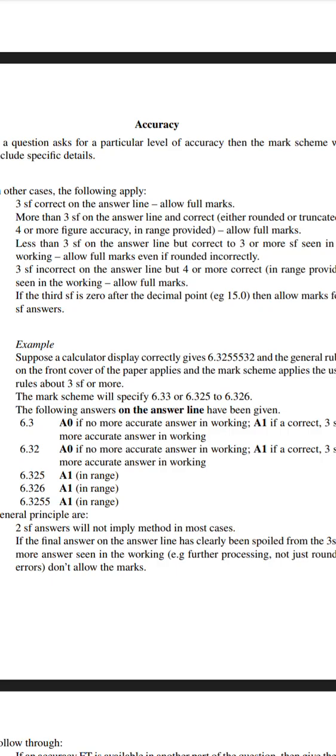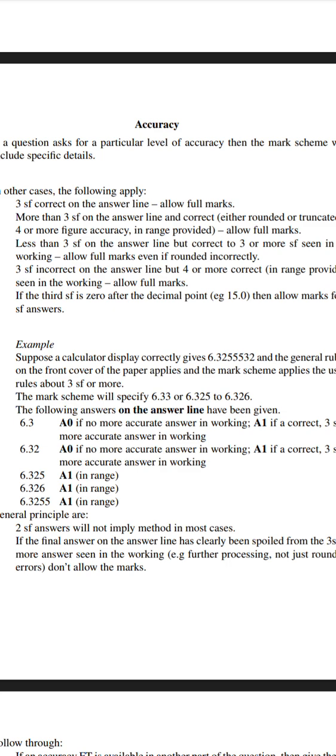So even if someone gives it up to 2 SF, the third SF won't count because it's a zero after the decimal point. The whole numbers before the decimal still count.